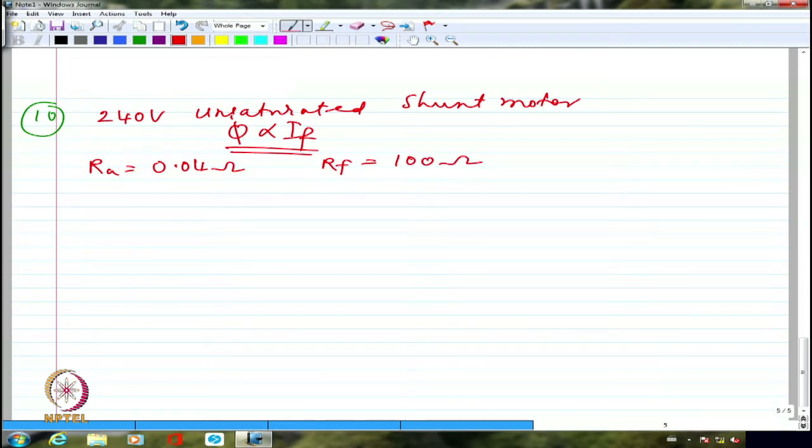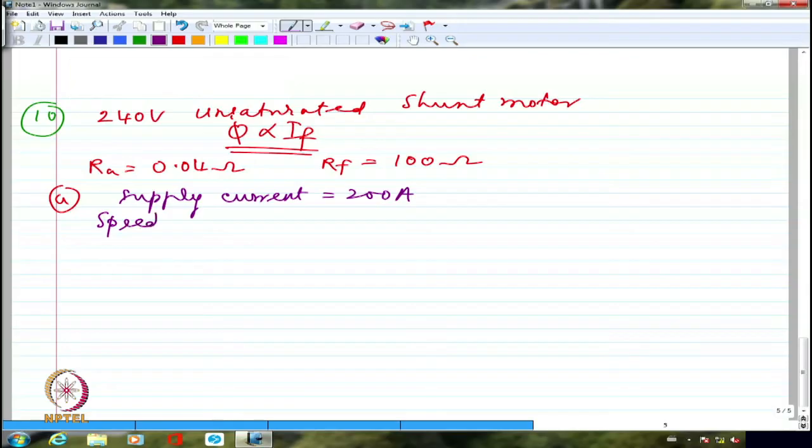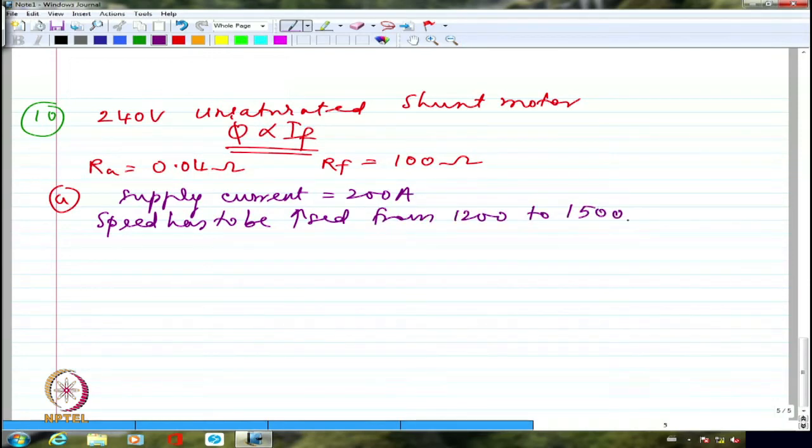Find what resistance must be added to the field circuit to increase the speed from 1200 to 1500 revolutions per minute when the supply current is 200 amperes. So the first subdivision says supply current is 200 amperes. Right? Speed has to be increased from 1200 to 1500 RPM.